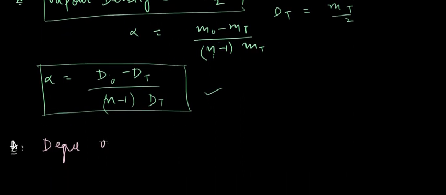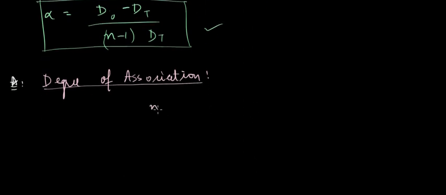Now let's discuss degree of association. Suppose we have n moles of A all combining together to form An.